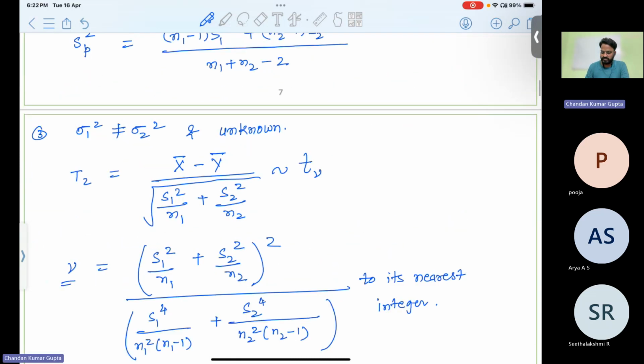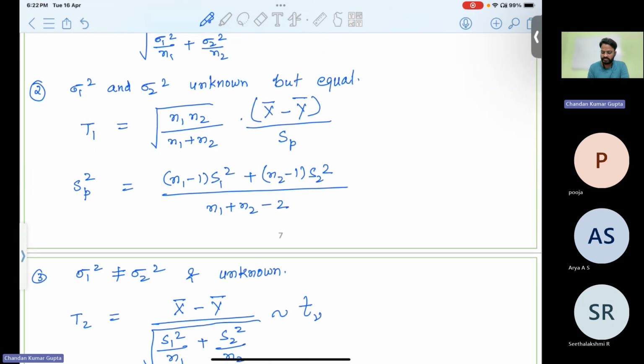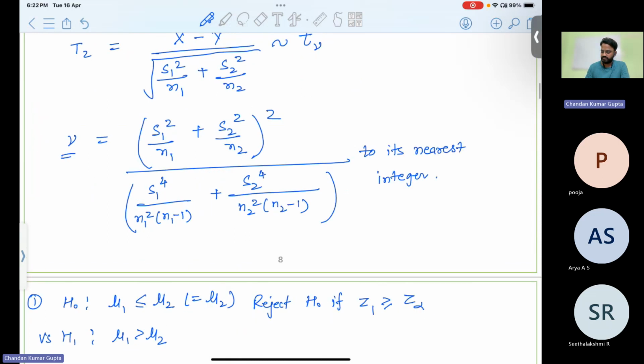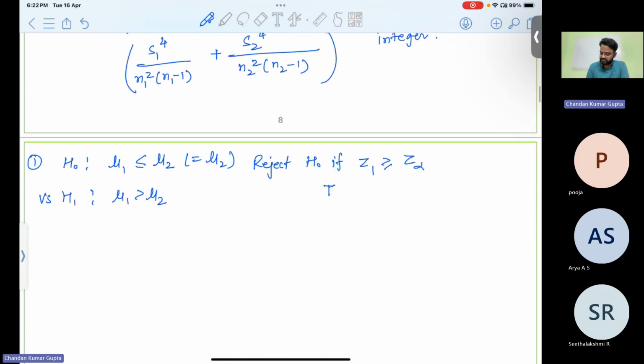When we are discussing the second case, when sigma 1 square and sigma 2 square are unknown but equal, our statistic is t1, and t1 will be like this. The degree of freedom will be n1 plus n2 minus 2 and alpha.